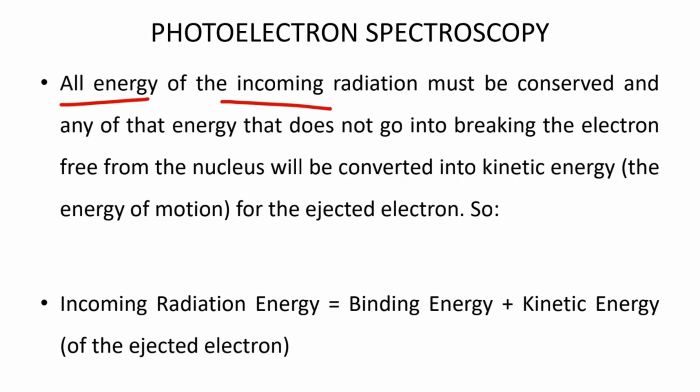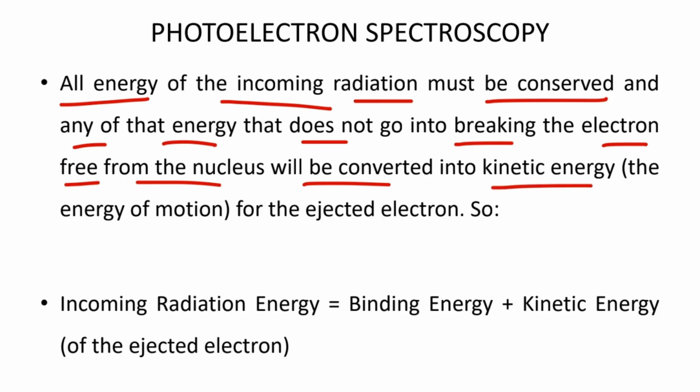All energy of the incoming radiation must be conserved, and any of that energy that does not go into breaking the electron free from the nucleus will be converted into kinetic energy, the energy of motion. What do we mean by kinetic energy? It is the energy of motion for the ejected electron.